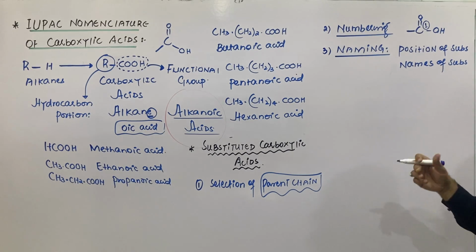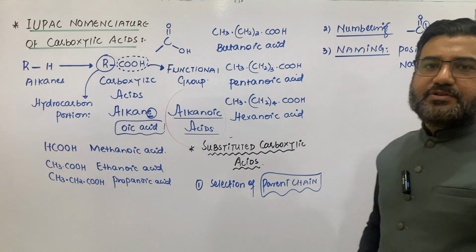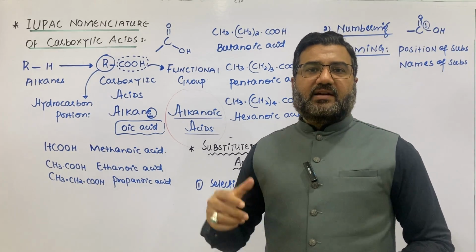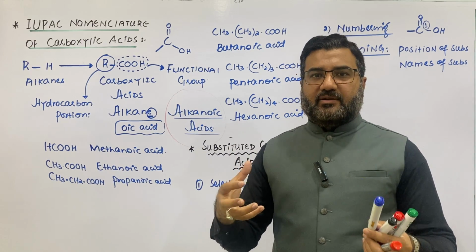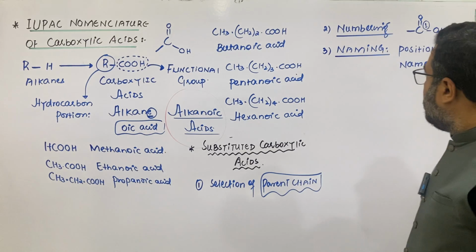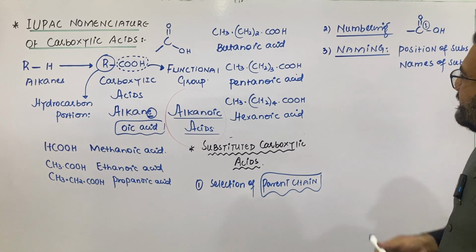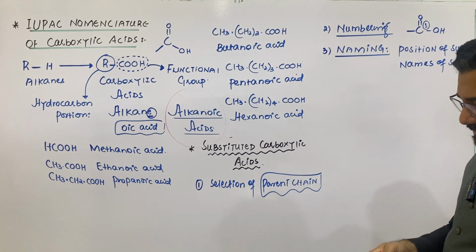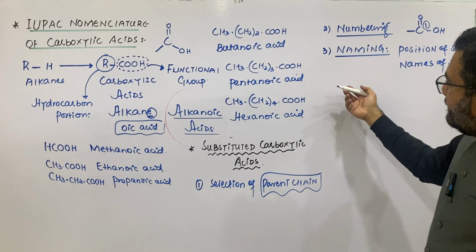And if two or more identical substituents are present on different carbons, their naming will be like di, tri, tetra, like this. Now, let us take some examples so that this concept may be cleared.